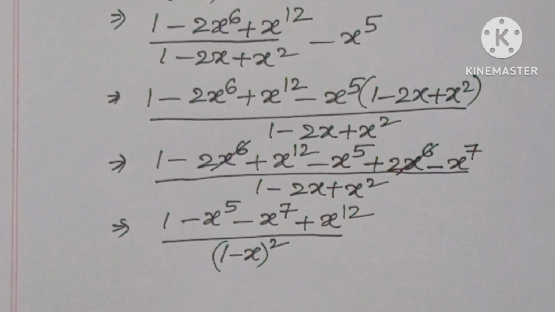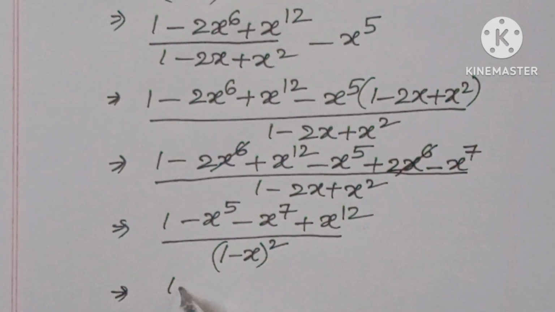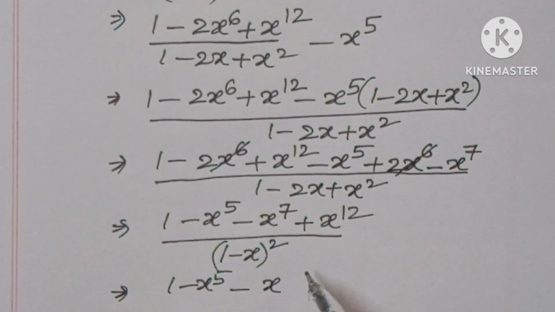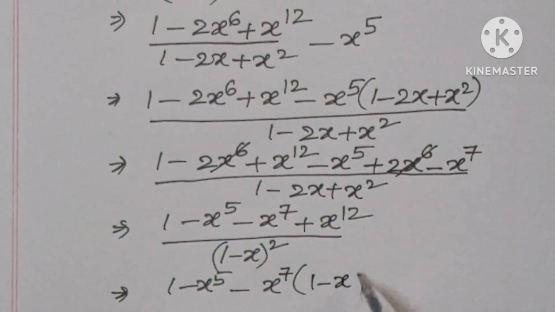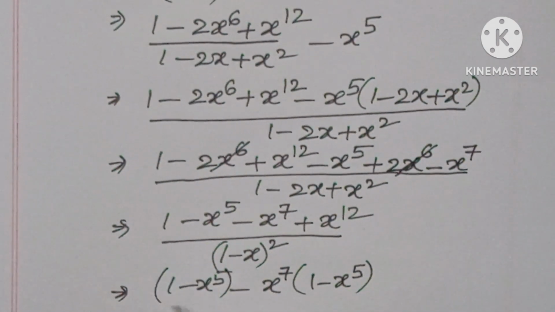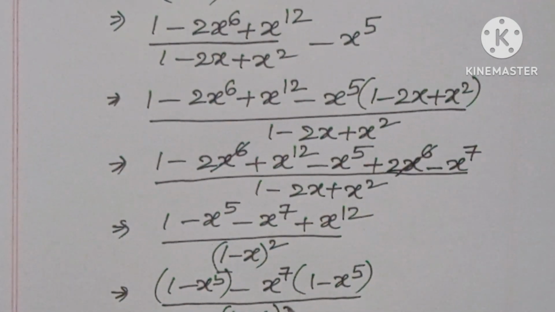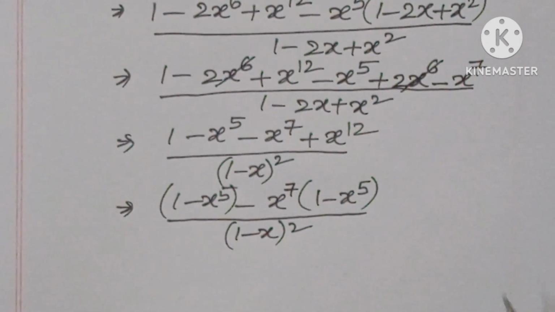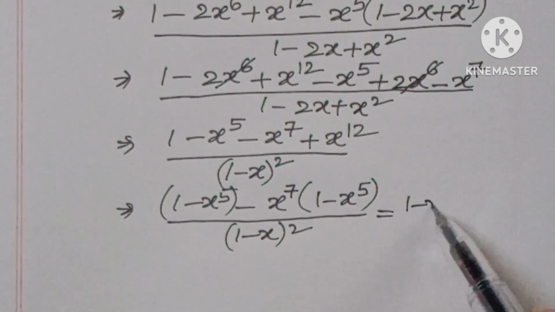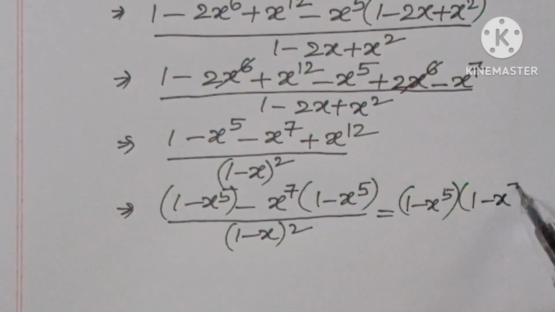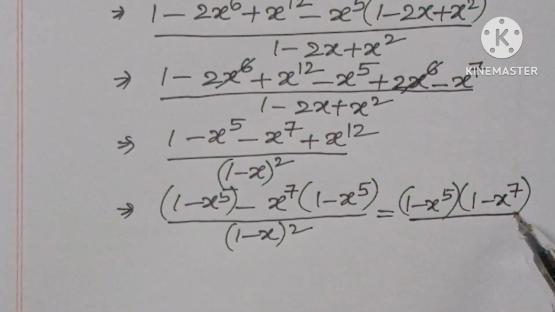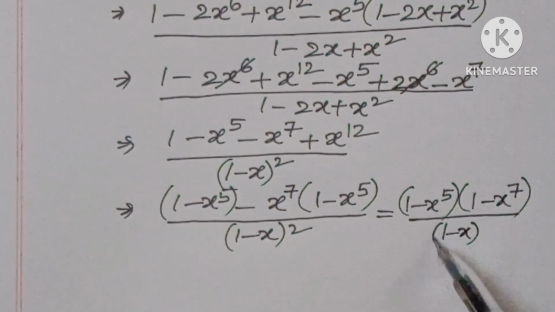So here if you write factors, 1 − x⁵, here you can take x⁷ common, 1 − x⁵ by (1 − x)². So this can be written as (1 − x⁵)(1 − x⁷) over (1 − x)².